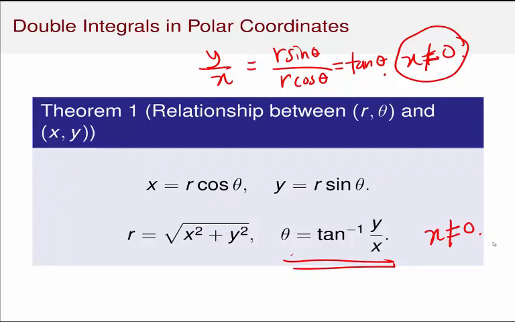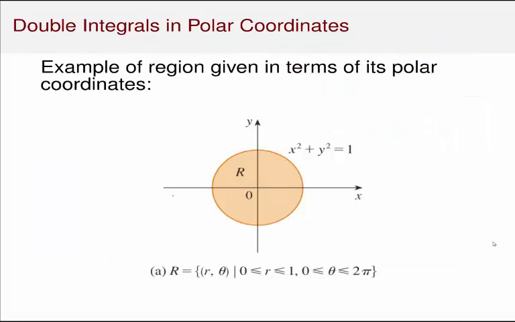Alright, let us now look at some examples. Here we have a region bounded by the unit circle x squared plus y squared equals 1, and we want to describe this in terms of the polar coordinates. Let us start with the angle theta. Whenever we have an equation theta equal to some constant k, this equation represents a ray coming out from the origin.